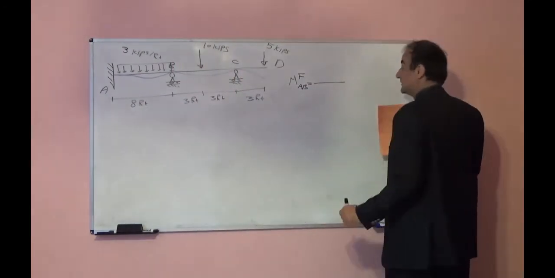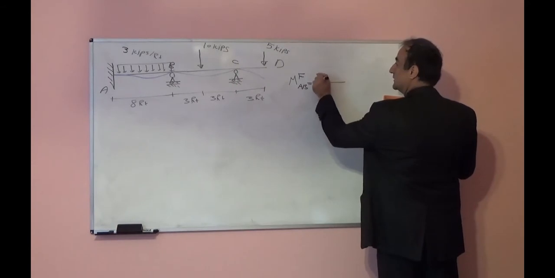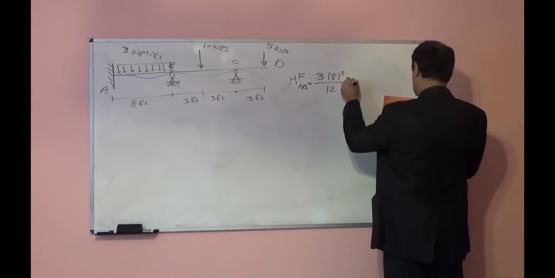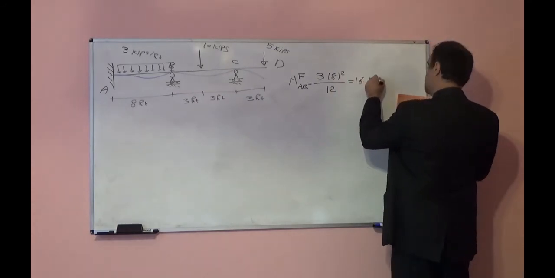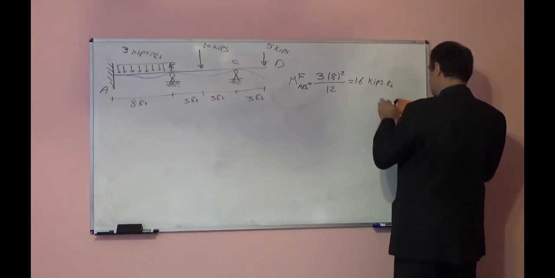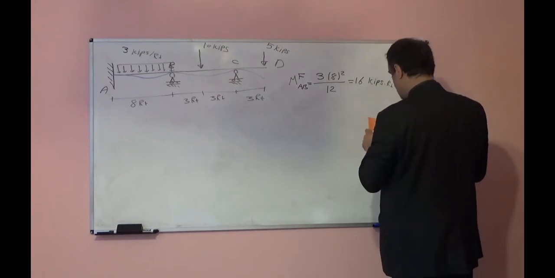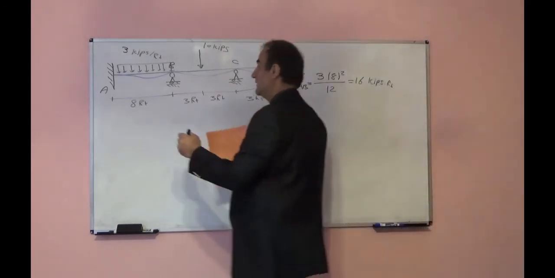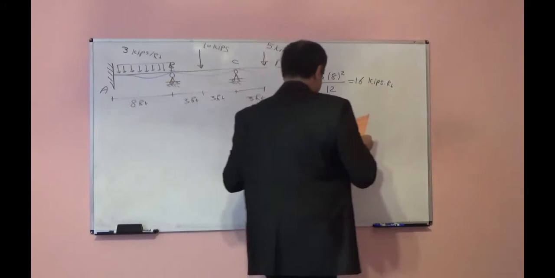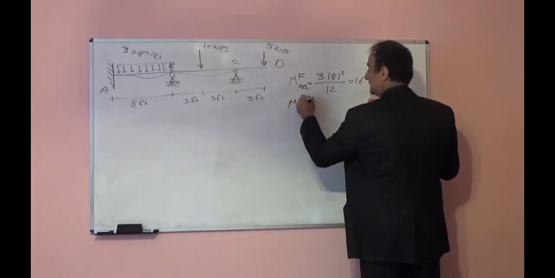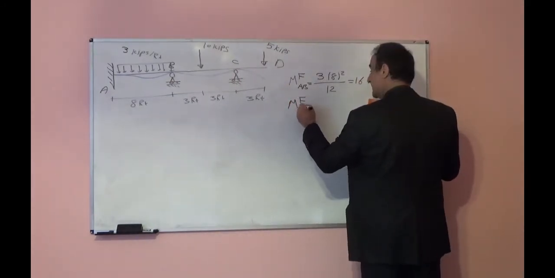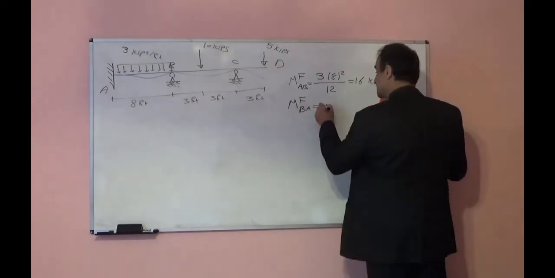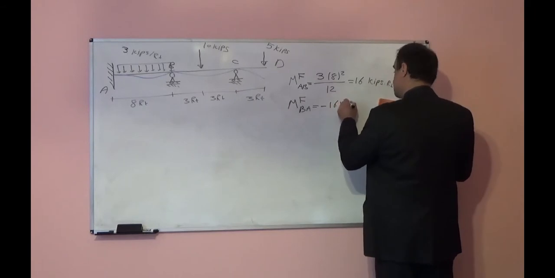So M fixed for this part will be 3 times 8 squared over 12. That will be equal to 16 kips feet, because this reaction will be counterclockwise, so positive. M fixed BA will be equal in magnitude but in the inverse direction, so negative 16 kips feet.